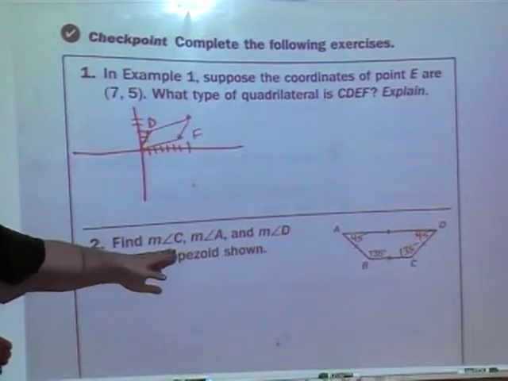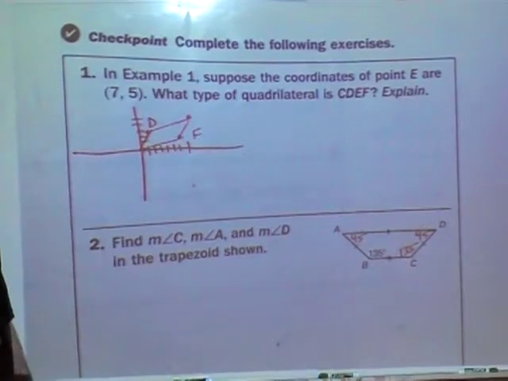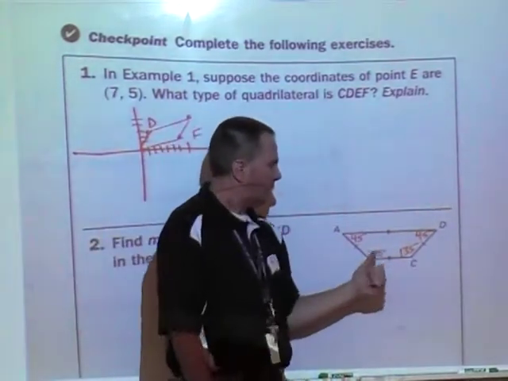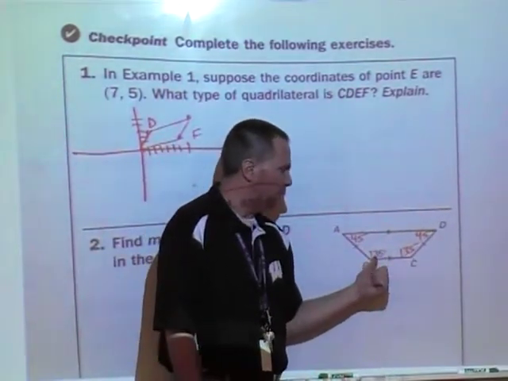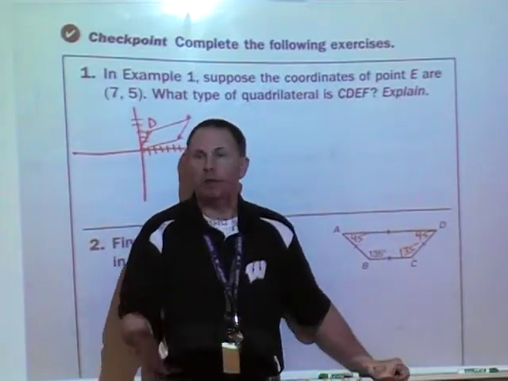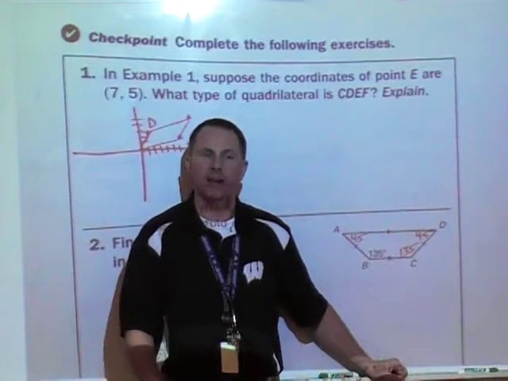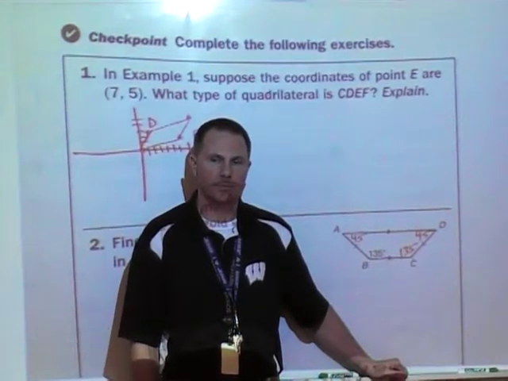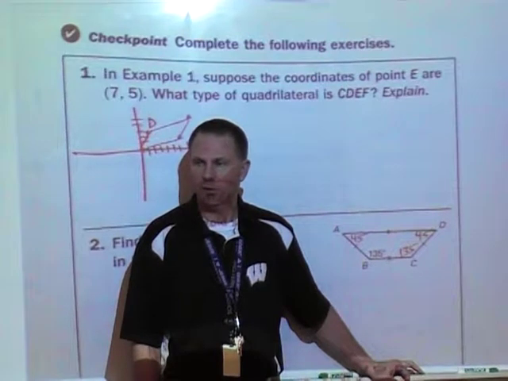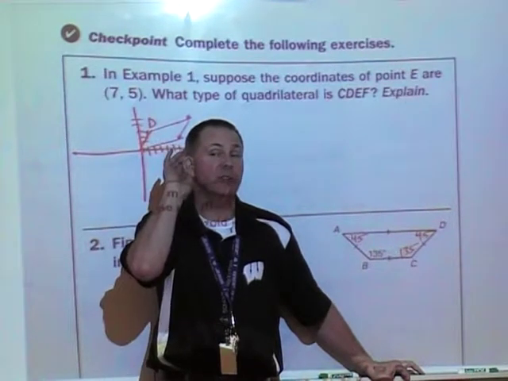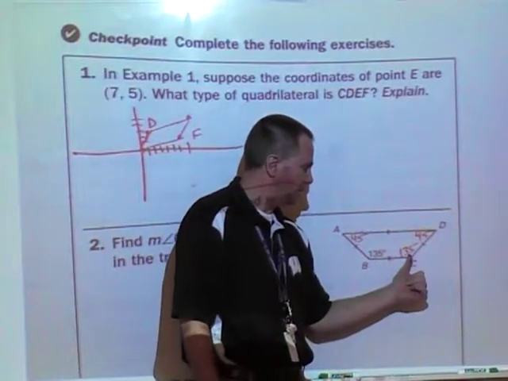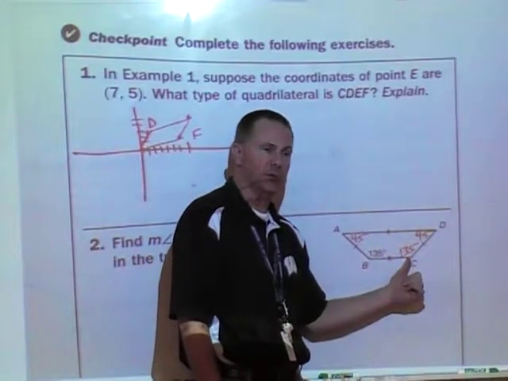And then down here, the measure of angle C, the measure of angle A and the measure of angle D. I've already written them in here, but I want to show you that if you're given one angle and it's an isosceles trapezoid, you ought to be able to come up with the rest of them. Why is that? What was one of the first theorems? Base angles are congruent. So this base angle is congruent to that base angle. So that had to be 135.